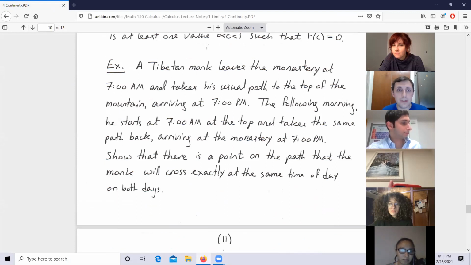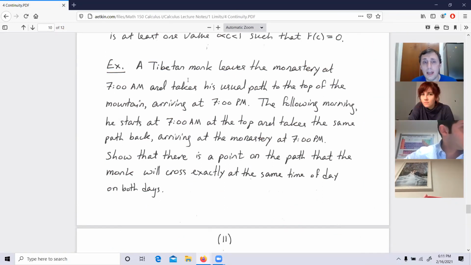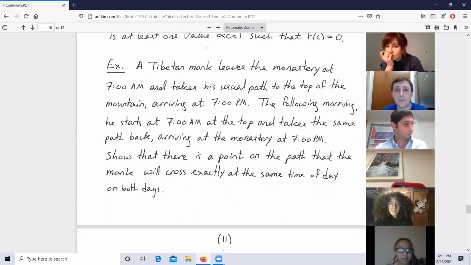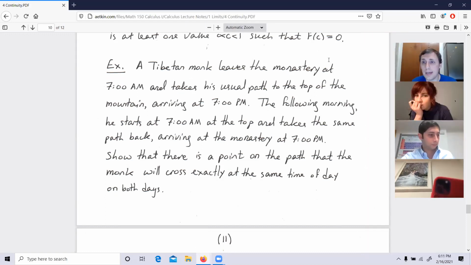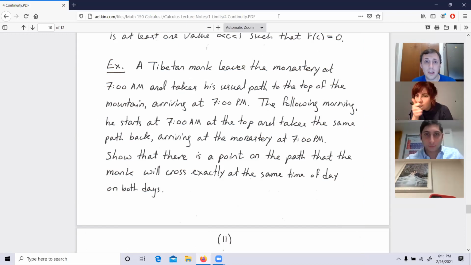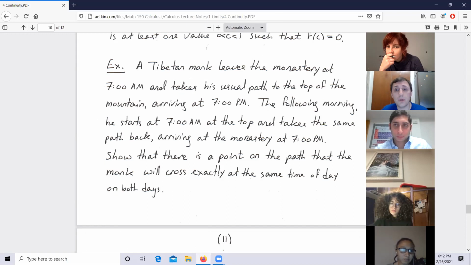You're making a video, and in the video on day 1, from 7 a.m. to 7 p.m., the monk climbs the mountain. He begins at the base of the mountain and ends at the very top. You with me, guys? And on day 2, the monk starts from the top of the mountain and descends and arrives at his monastery at 7 p.m.